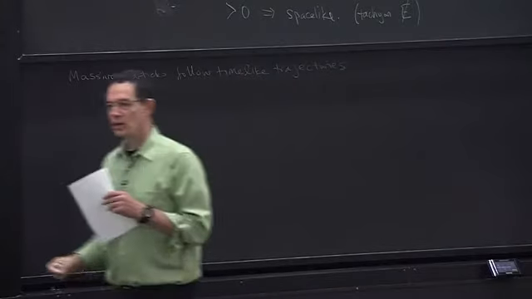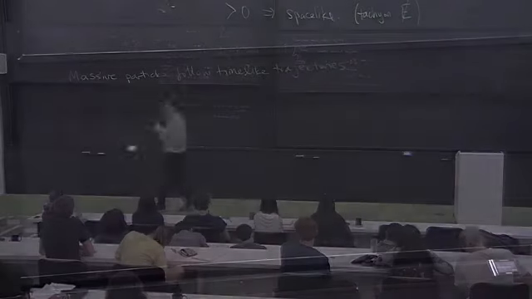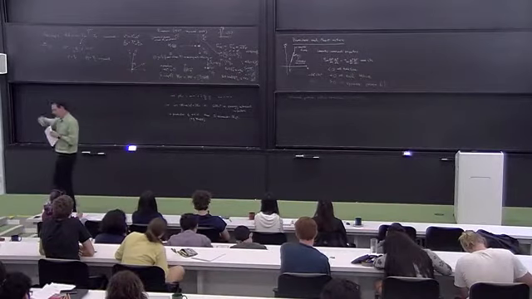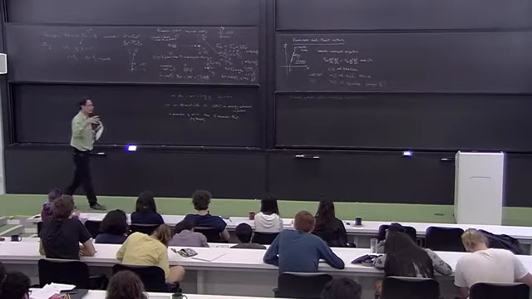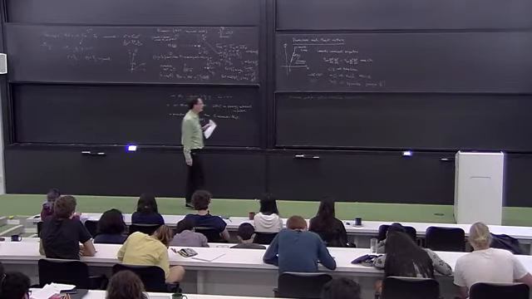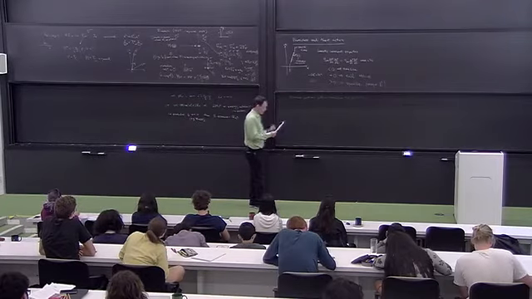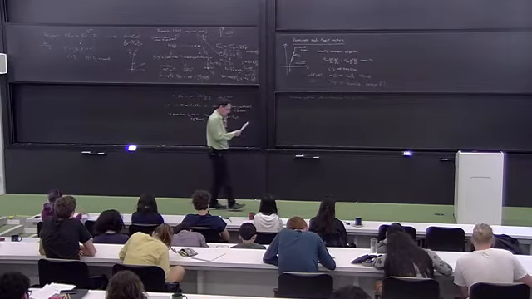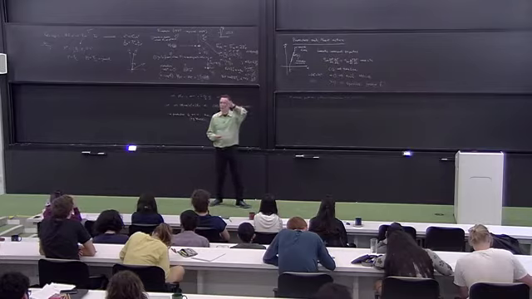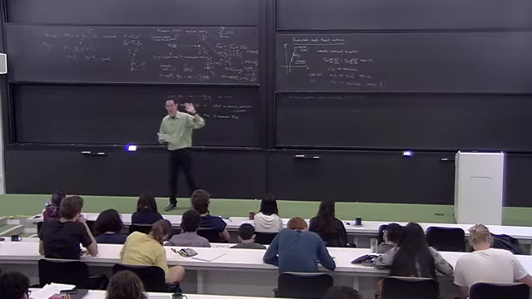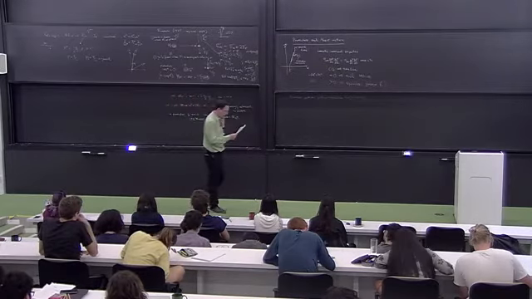Another way of saying that is if a particle follows a time-like trajectory, it will turn out to be a massive particle. So let me show you that. Imagine we have some particle whose world line is always time-like.